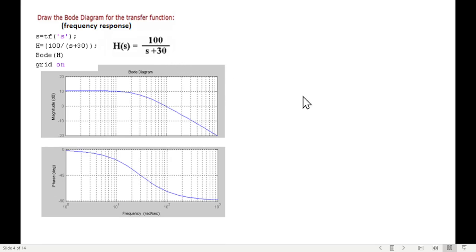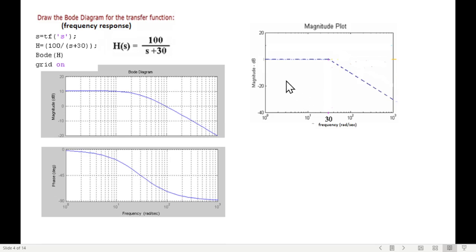So if we manually plot this, we'll have 2 lines actually. One is the straight line like here at 0 level, and then at some frequency point, which is 30 in this case, it will slope down.